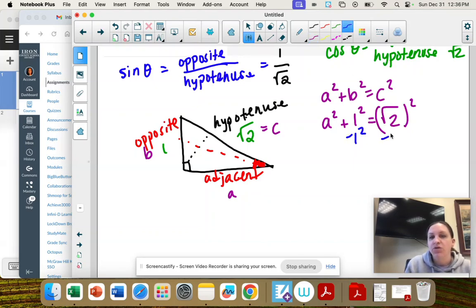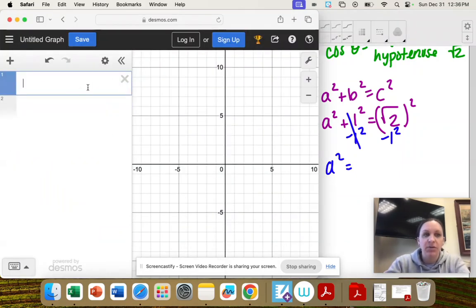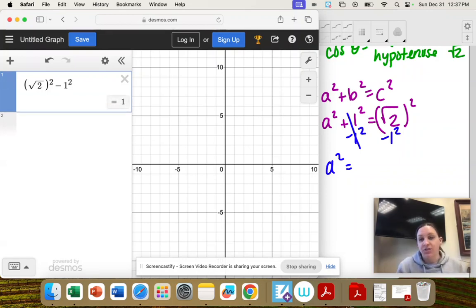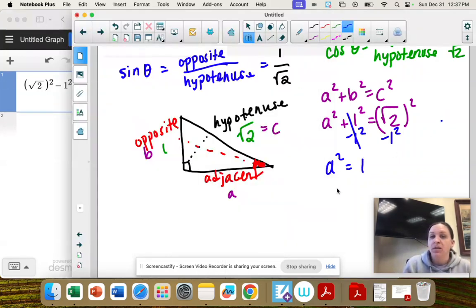So when we subtract the 1 squared, we get, I know you're thinking square root of 2, but what happens when you square a square root? It becomes just a number. So square root of 2 squared minus 1 squared is just 1. And then when we square root both sides, a is just 1 as well.